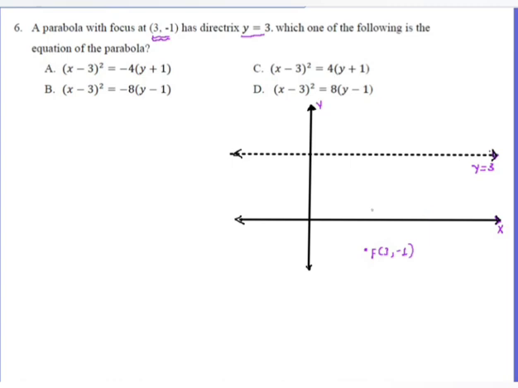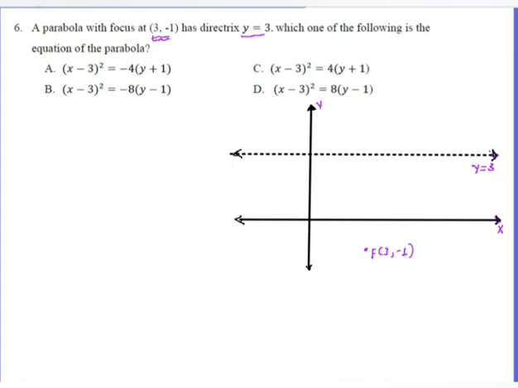If the directrix is a horizontal line, we expect an upward or downward parabola. Generally, we expect a vertical parabola. For this case, the focus is below the directrix. Therefore, the parabola will be downward because the directrix and the parabola will never intersect.